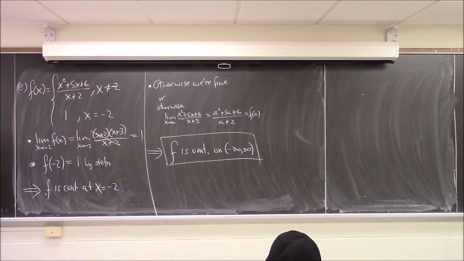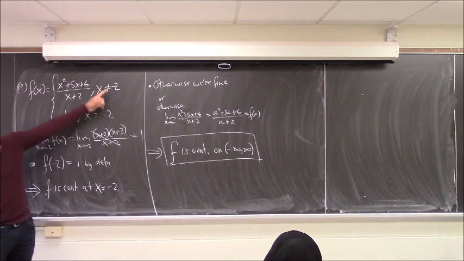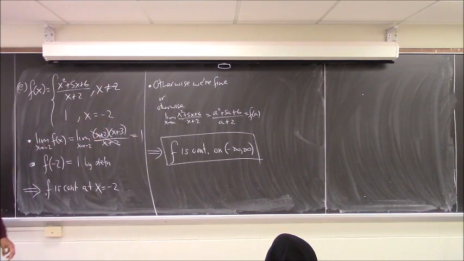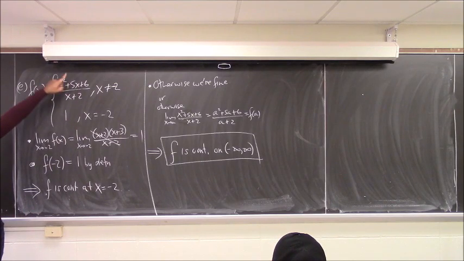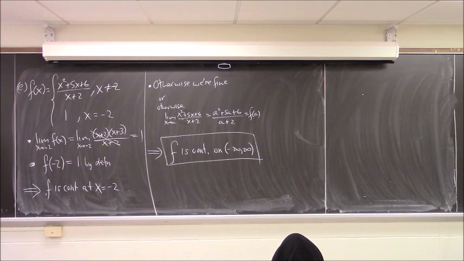Sometimes, even if I defined this at 3 here, -2 would still be a problem that you'd have to check. So you have to be very familiar with domains of functions. So -2 would be an issue here regardless, but you can deal with that specific point. Then you have to worry about the other points. The other points are fine, so everything works out, and it's continuous everywhere.